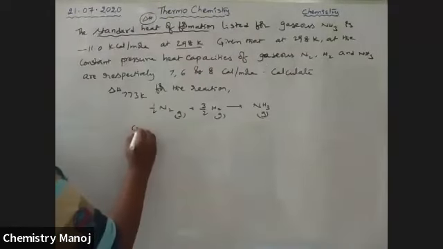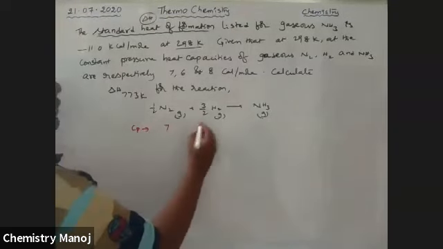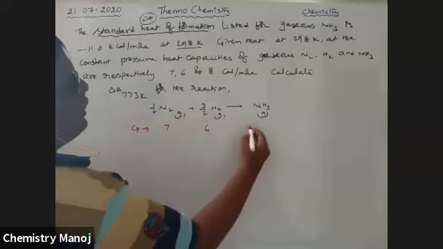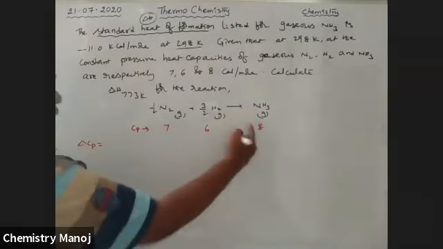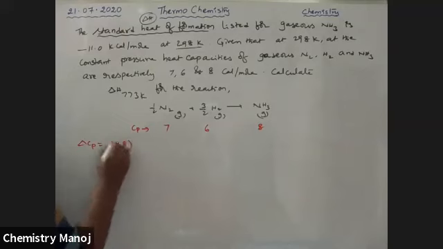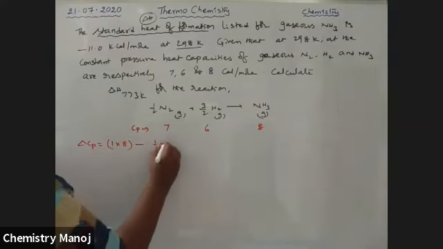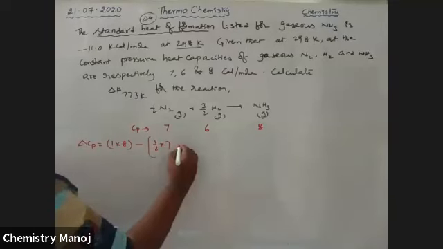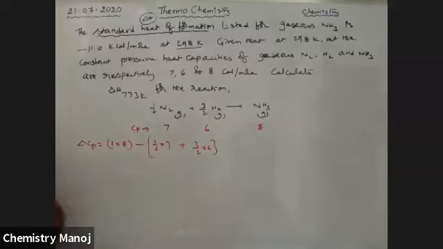Cp values of N2, H2 and ammonia are given: N2 is 7, H2 is 6, and ammonia is 8. Now delta Cp is equal to 1 into 8 minus half into 7 plus 3/2 into 6.